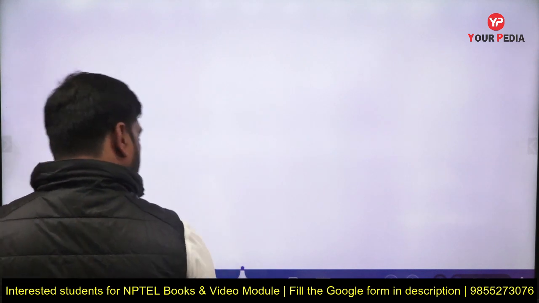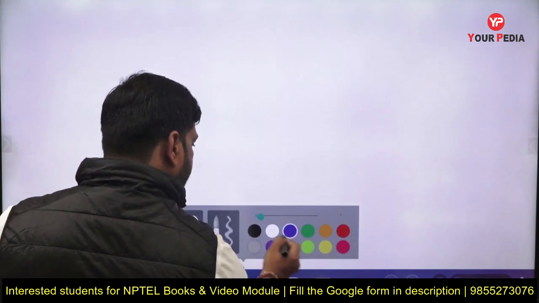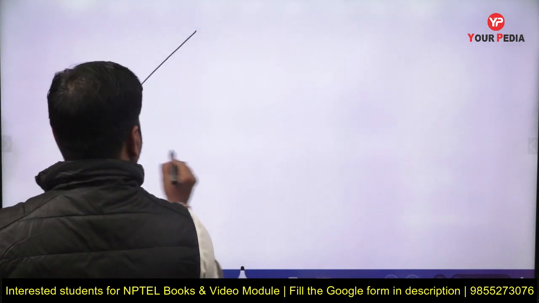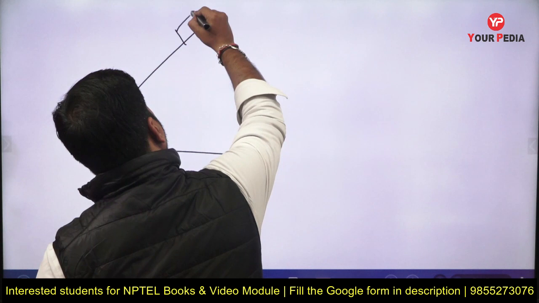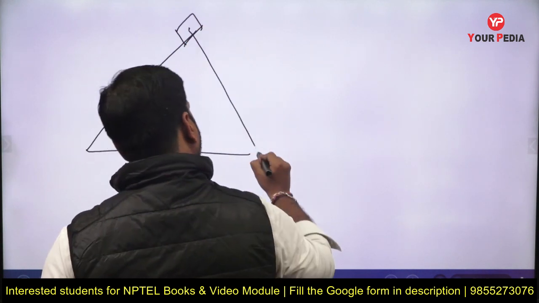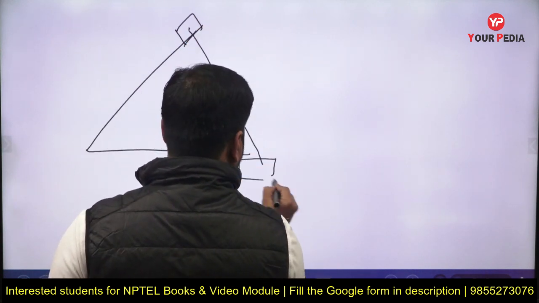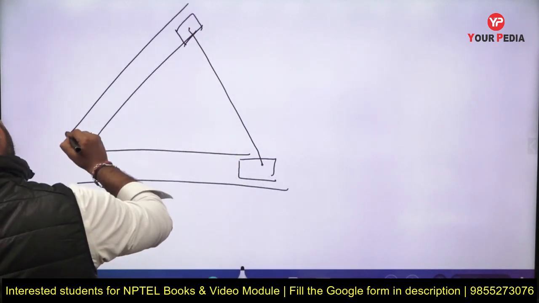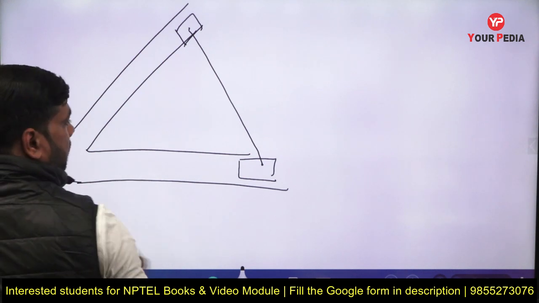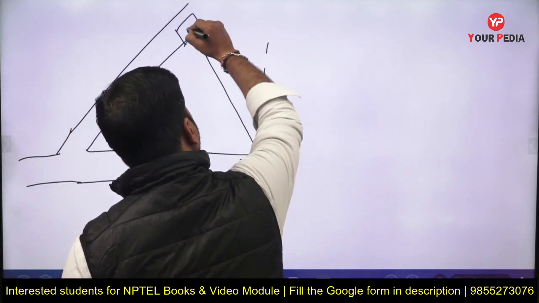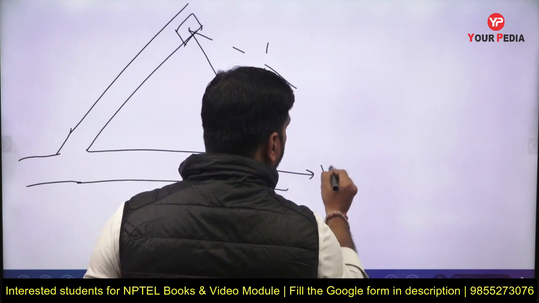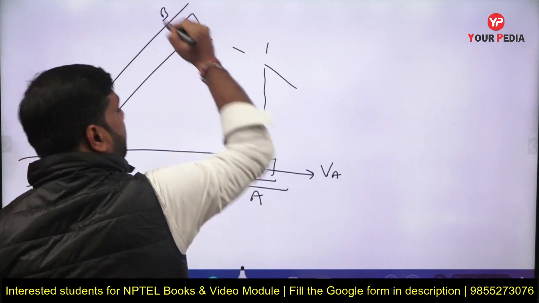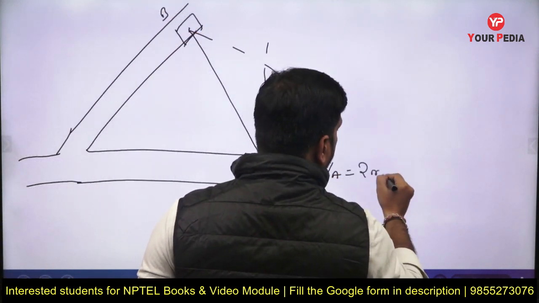Now you have all values. This is basically our diagram, and this is velocity v of A. This is point A, this is point B. VA equals 2 meter per second.